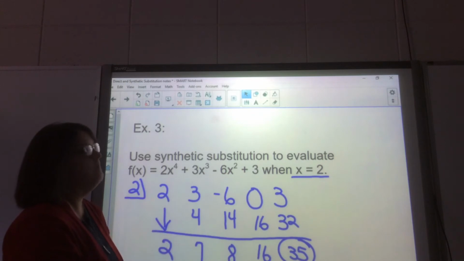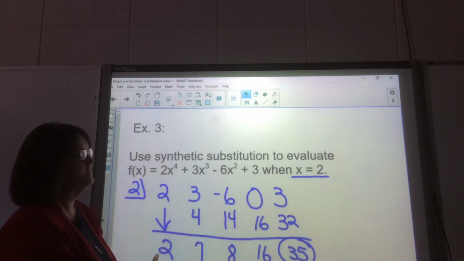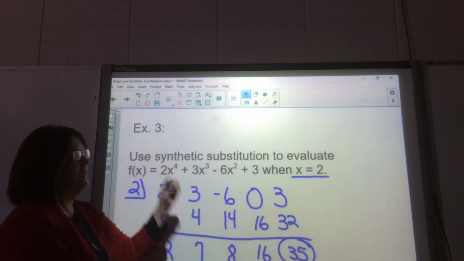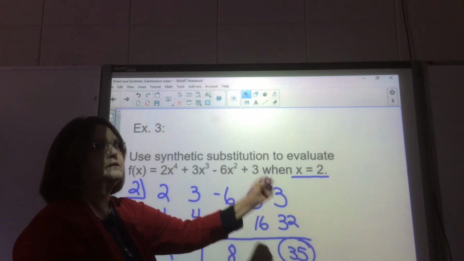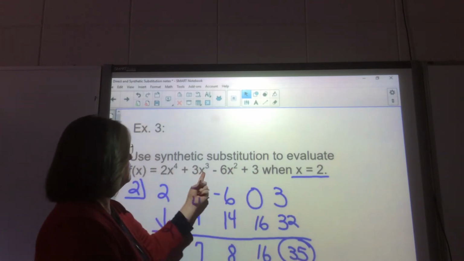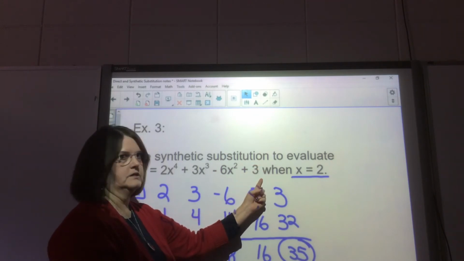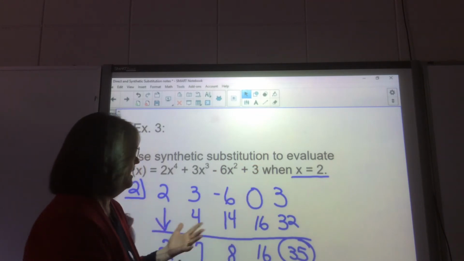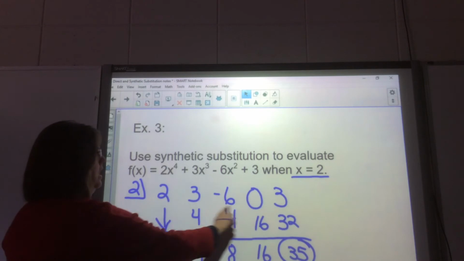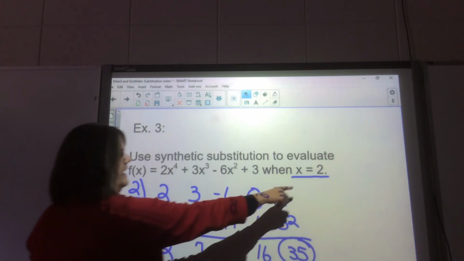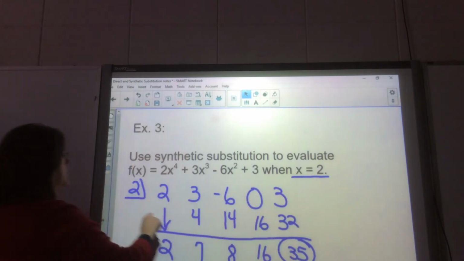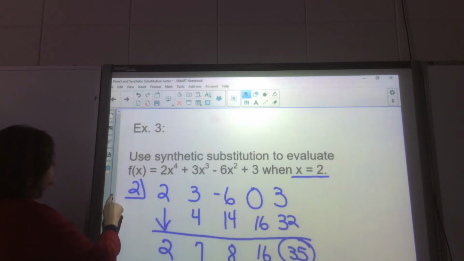So you put zeros wherever a term is missing. So you're going to go down with your powers. It's like going downstairs. I want 4, 3, 2, 1, x to the first power, and then the constant. So that's how it's done. So I've got a 0. So you put all those down. Then it says x equals 2. You put 2 in the corner.